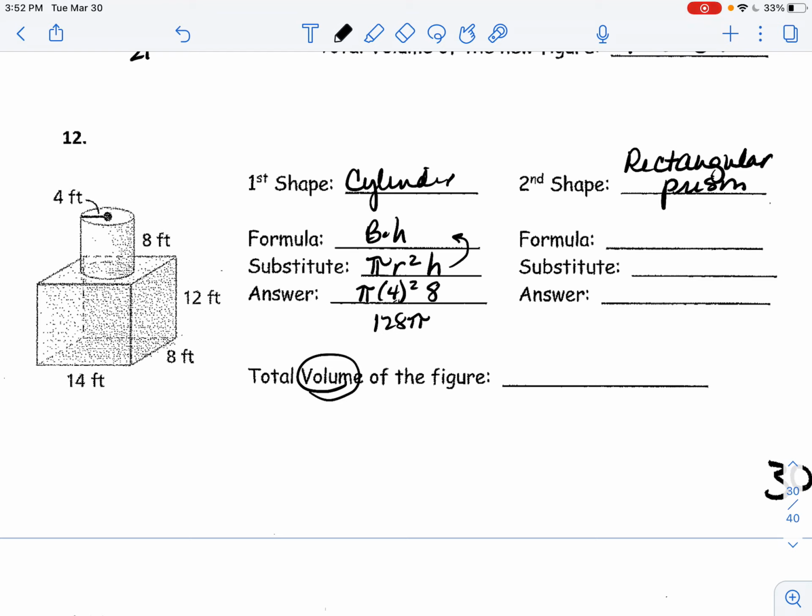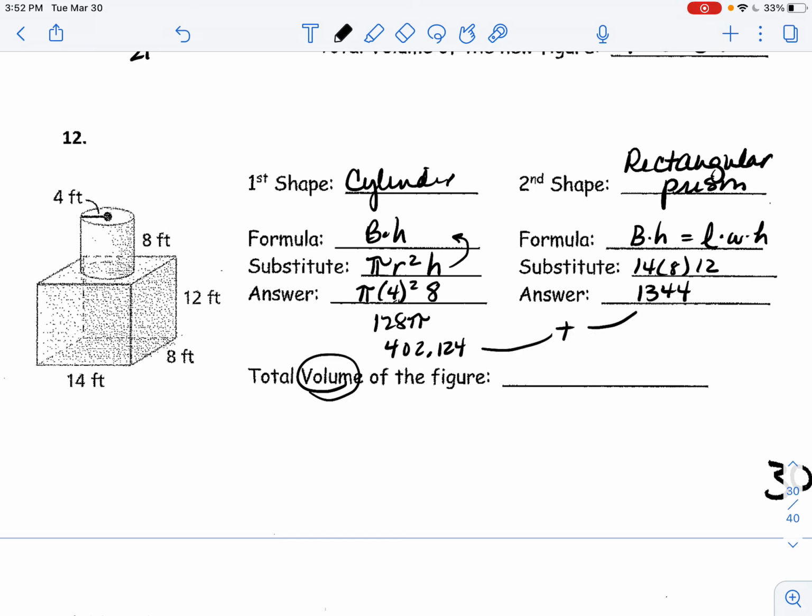If we wanted to write that as a decimal, it would be about 402.124. All right, for the rectangular prism, the formula is just base times height, and the base is a rectangle, so that's going to be length times width times height. And let's see, 14 times 8 times 12 gives us 1344.